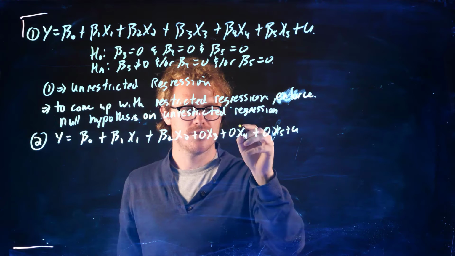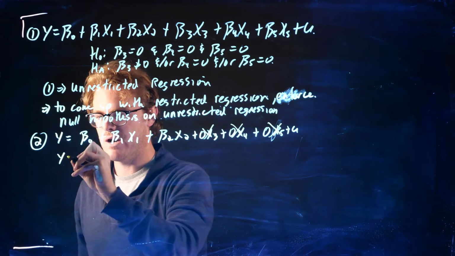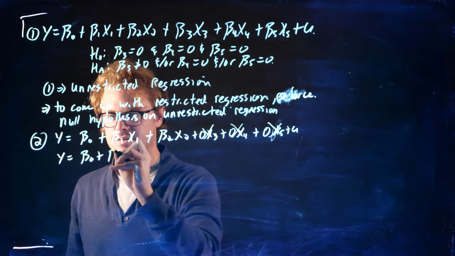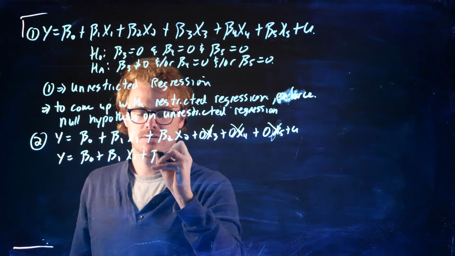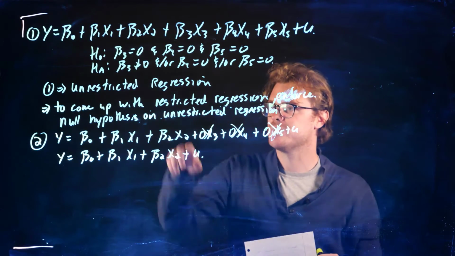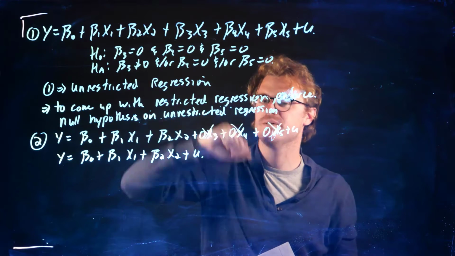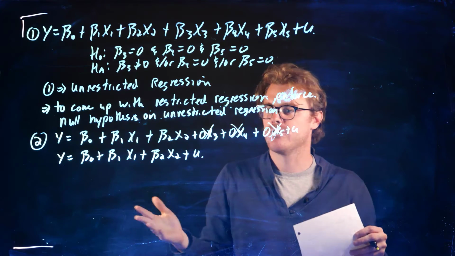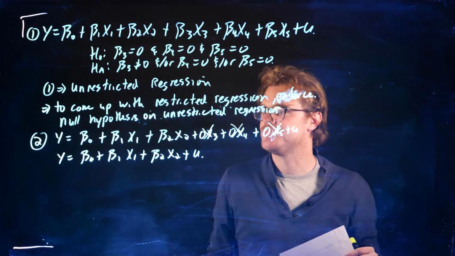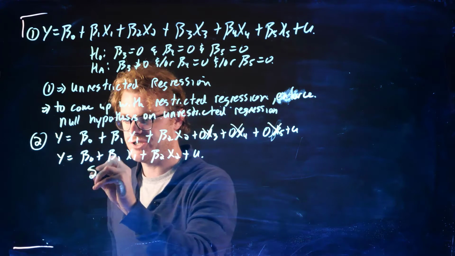And so these terms are going to drop out. You're just putting the restrictions in your null hypothesis into your regression and reorganizing it. And so this is our restricted regression.